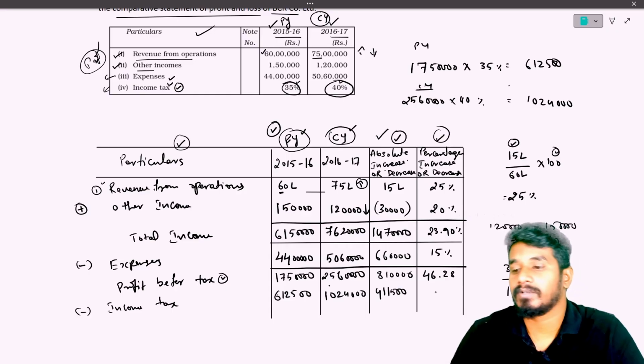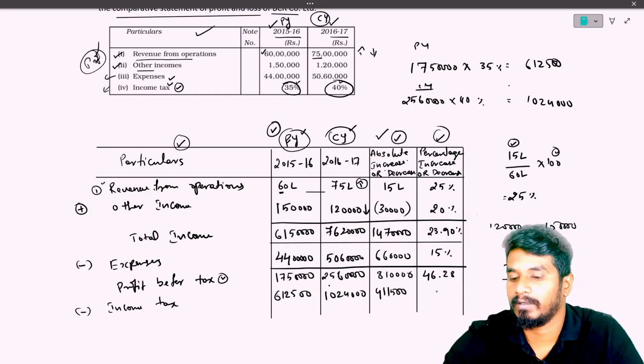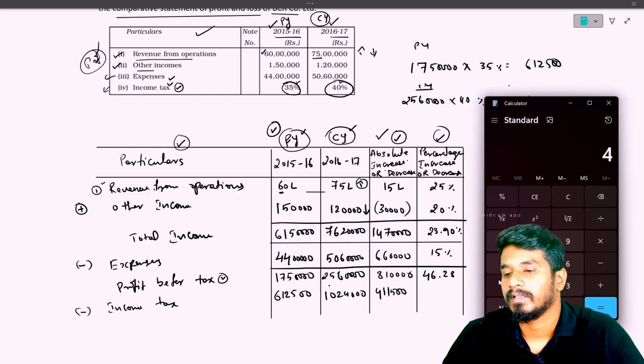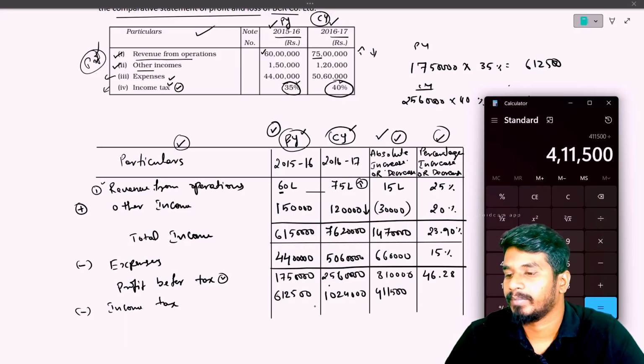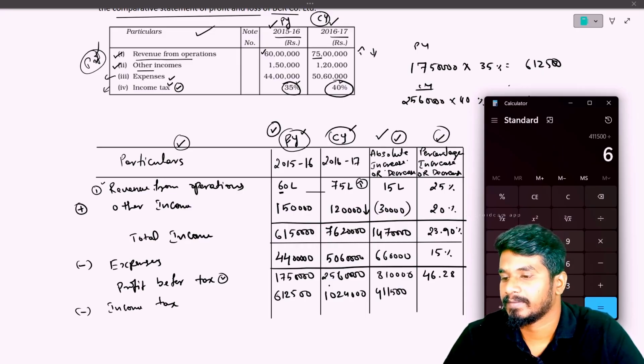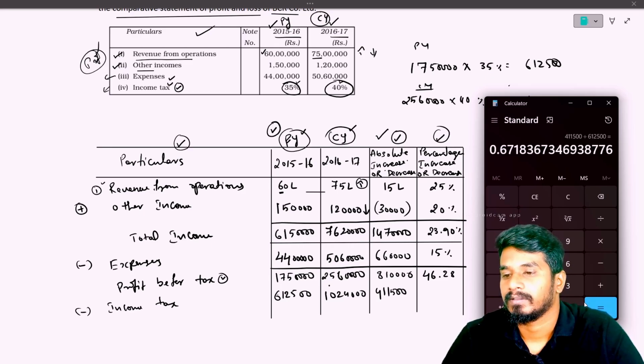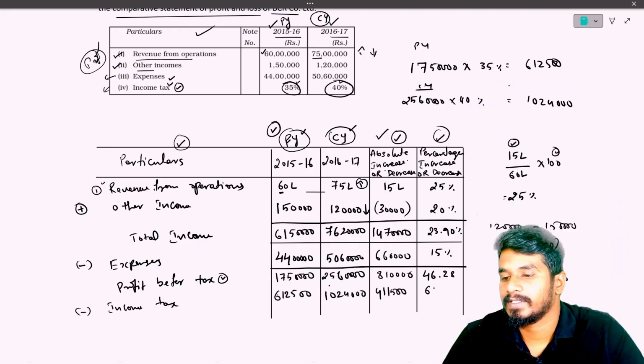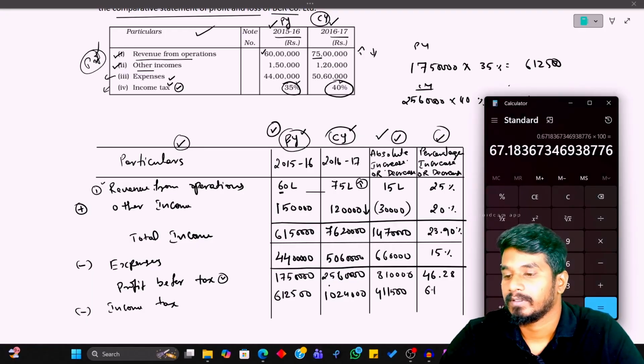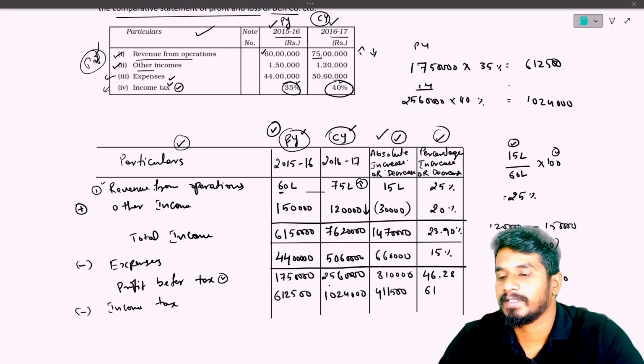And what is the percentage of change? We need to find out that and we'll calculate it again. That is 4 lakh 11,500 divided by previous year 6 lakhs 12,500 into 100. You get 67.18 percentage.